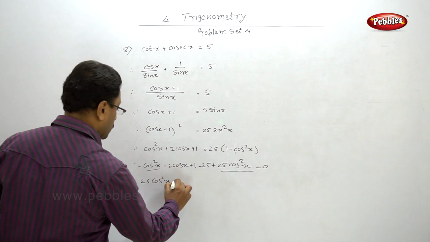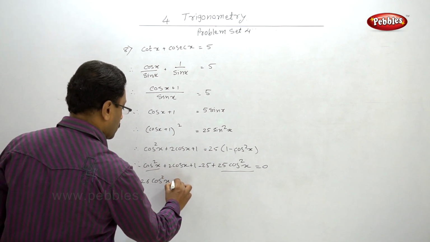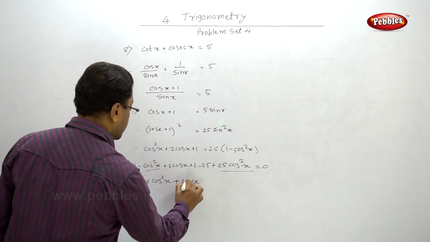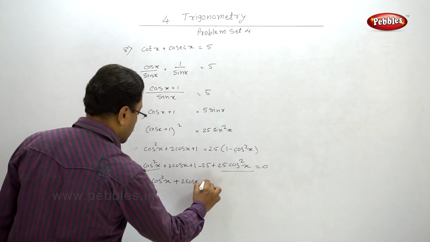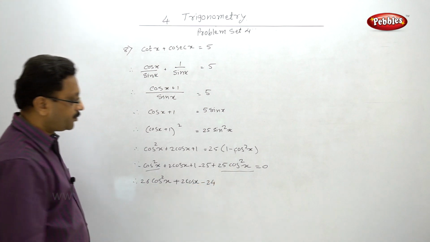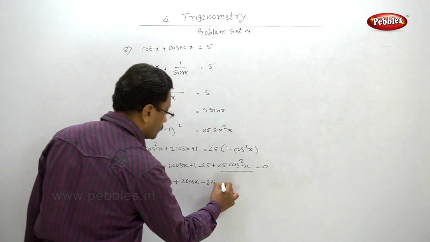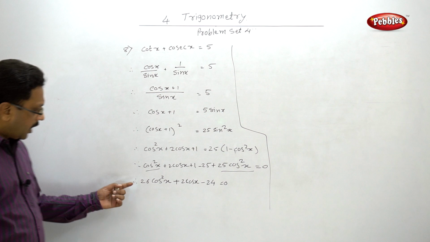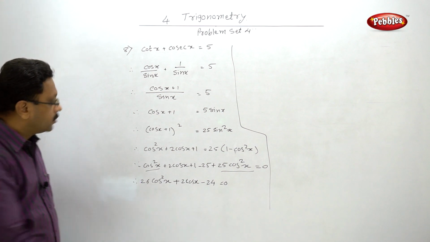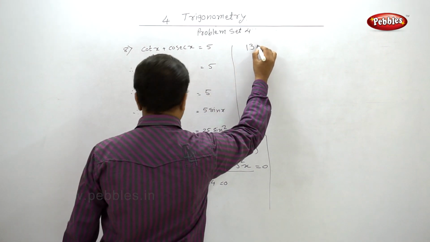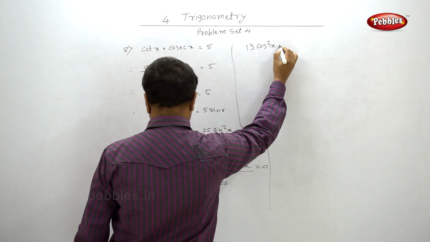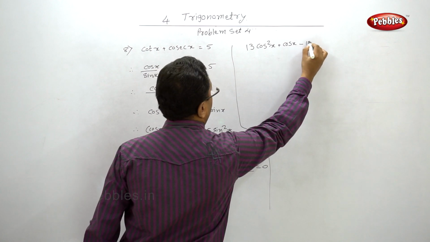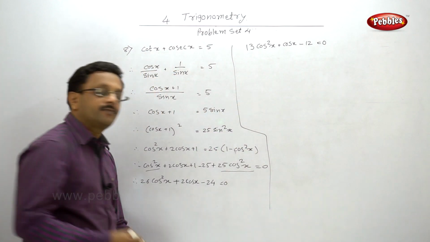Now I have 26 cos square x plus 2 cos x minus 24 equal to 0. Now I can divide by 2, so I will have 13 cos square x plus cos x minus 12 equal to 0.